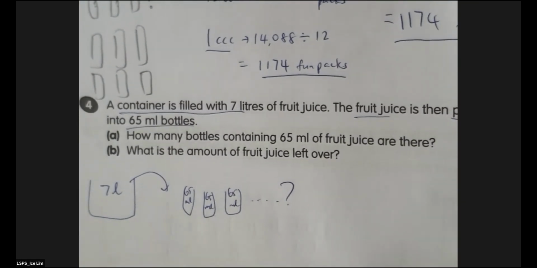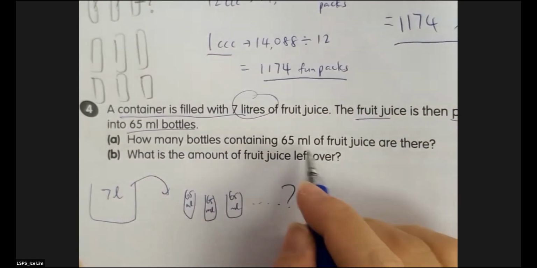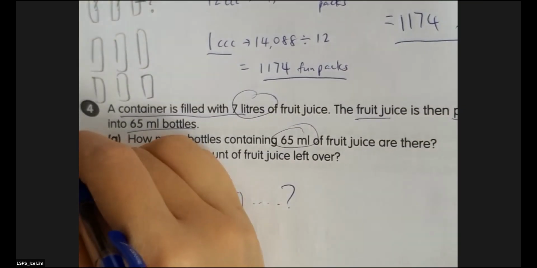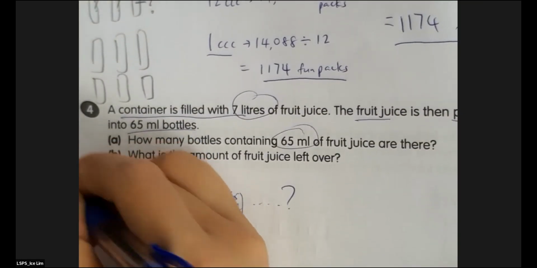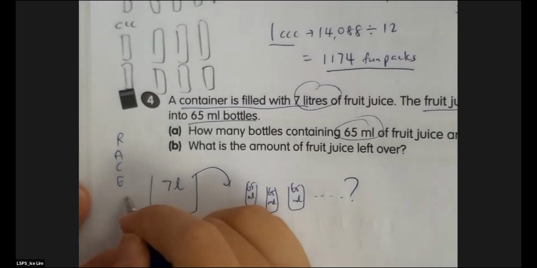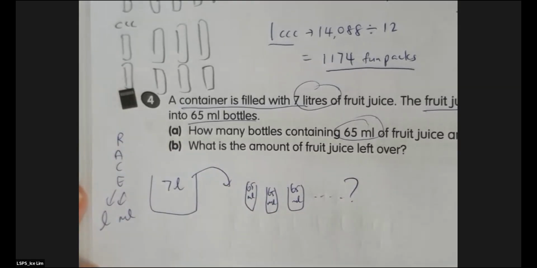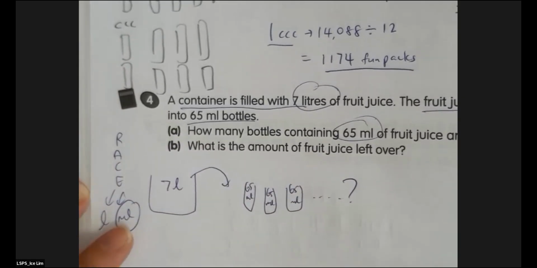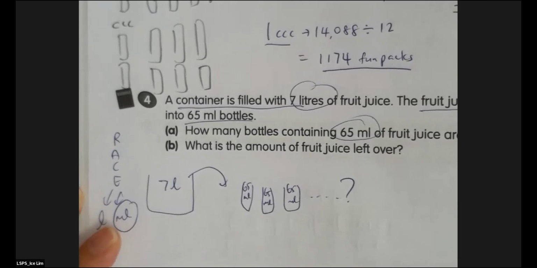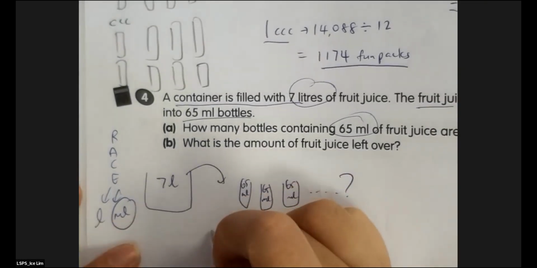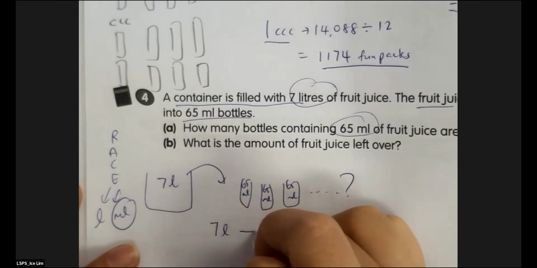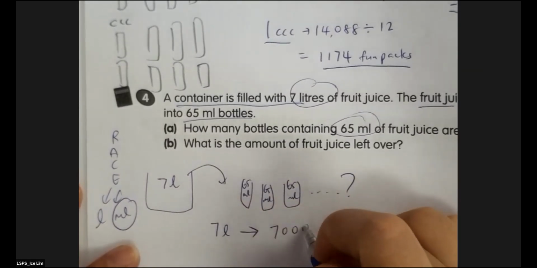Okay, so first I can see my race. My last part here shows that I have 2 different units. I have liters and I have milliliters. So maybe the easiest way is to convert everything to milliliters. So the first thing I do, 7 liters, I will convert to 7,000 milliliters.